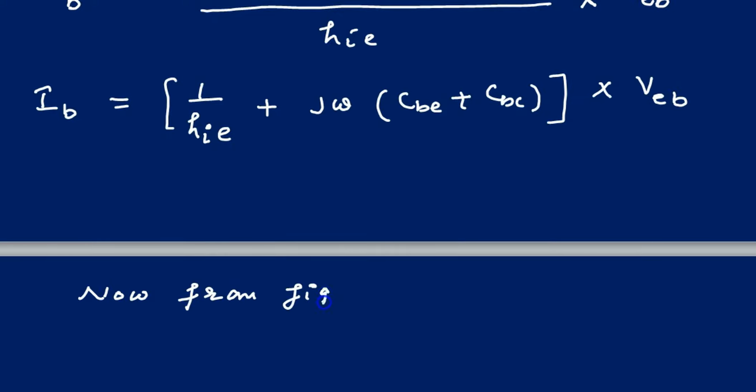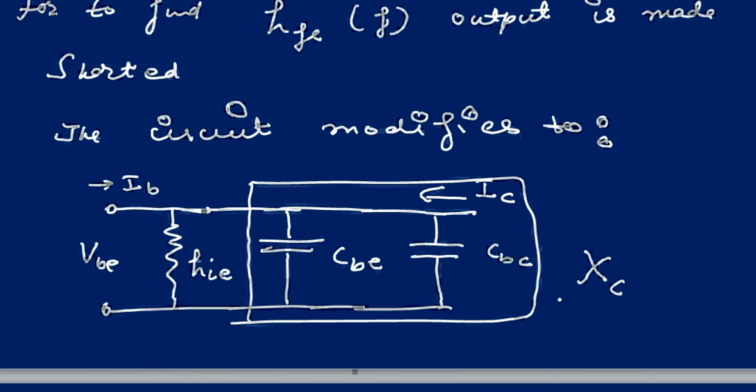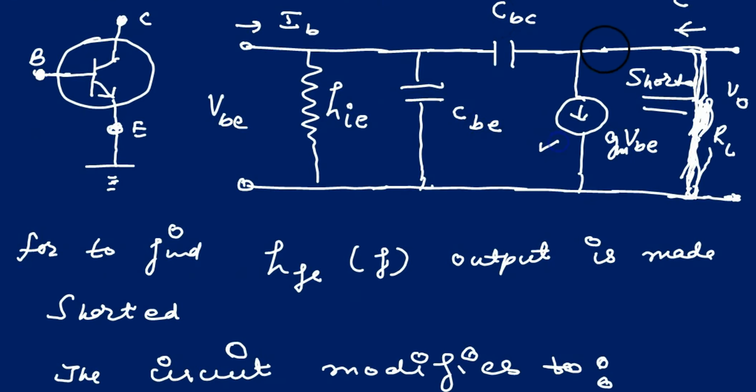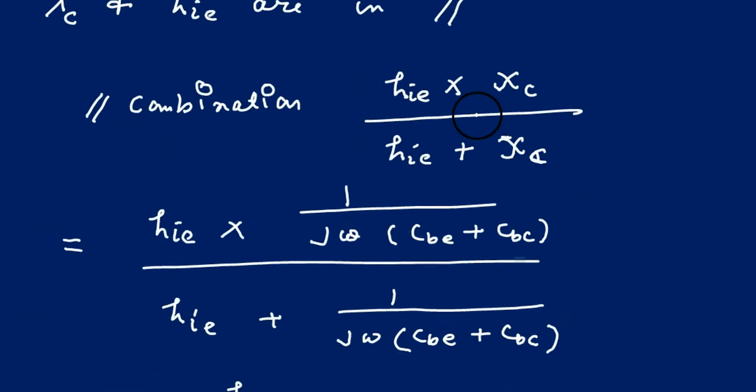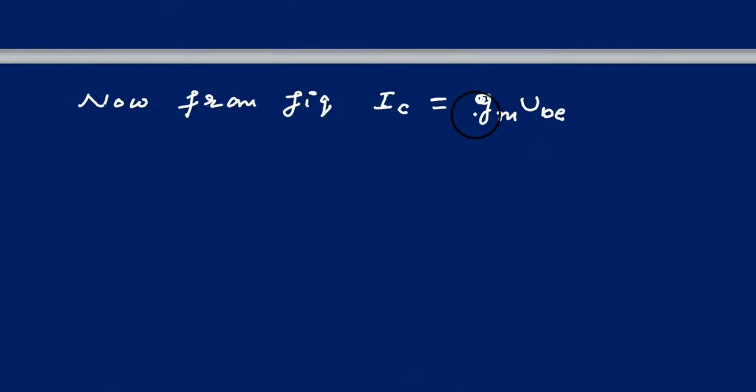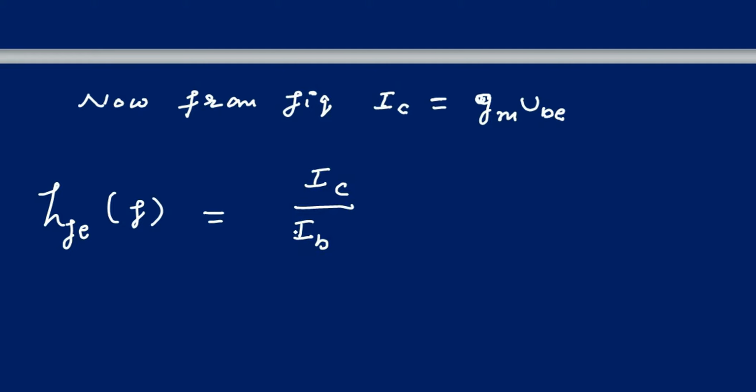Now again, the current generator having current value IC equals GM into VBE. This is IC, GM into VBE. So what is the definition of HFE? Output current over the input current, IC over IB when output shorted.